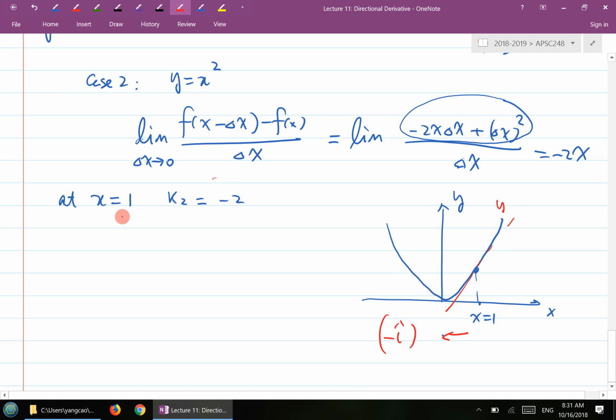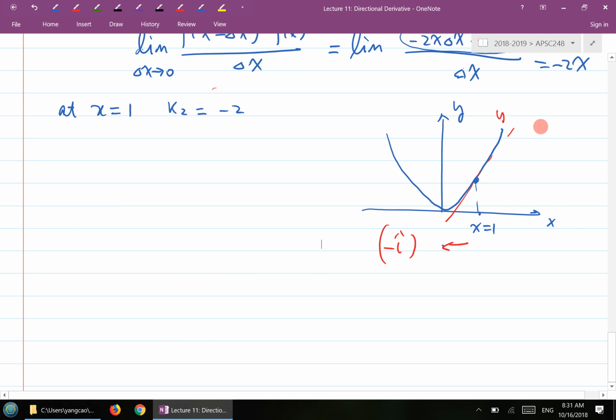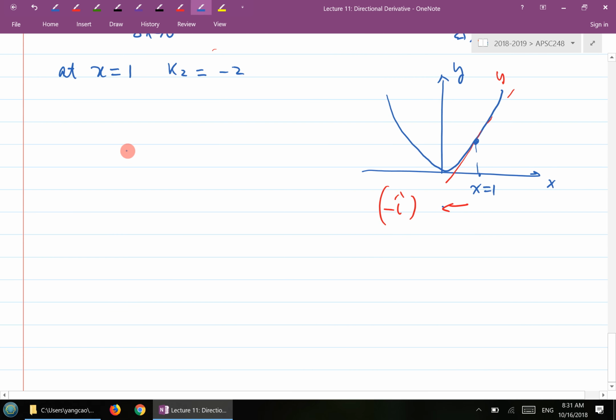So now essentially I'm introducing here a directional concept, and I'm going to explain this a little bit more because this is the whole idea of a directional derivative.